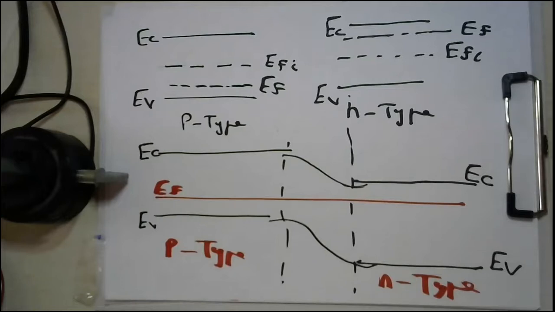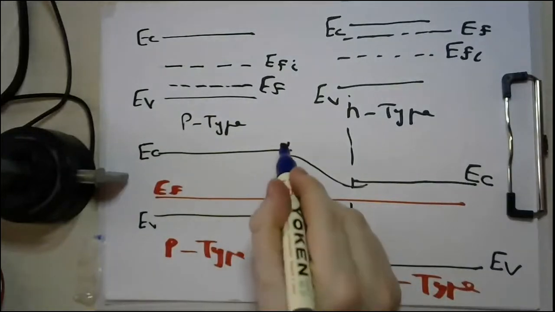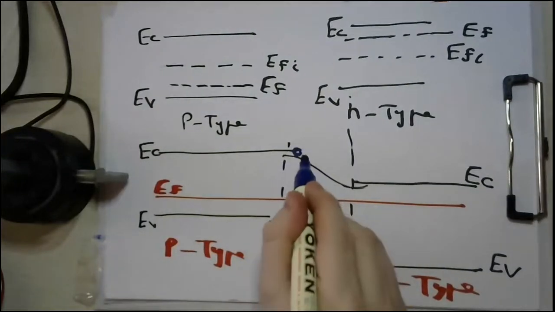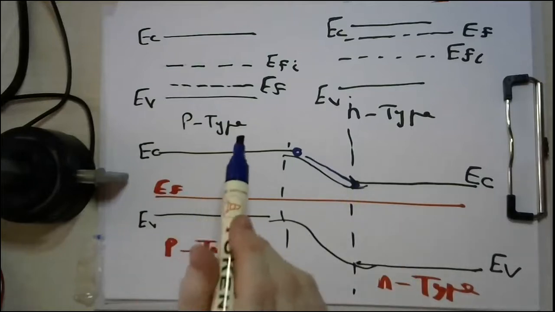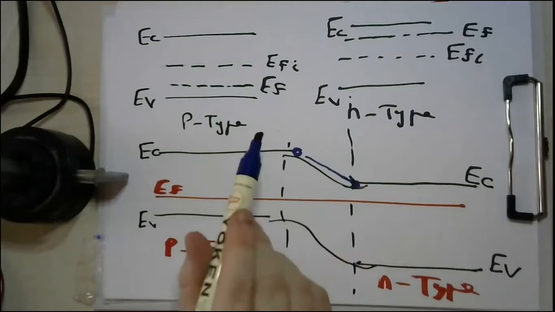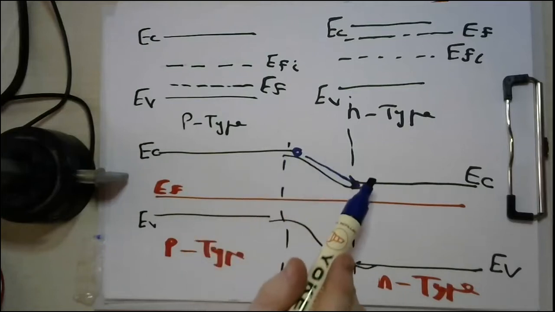So if you remember, my dear students, if we have an electron here, this electron will drift and go in this direction because electrons tend to have minimum potential, and the potential energy of the electrons goes down whenever you go down.